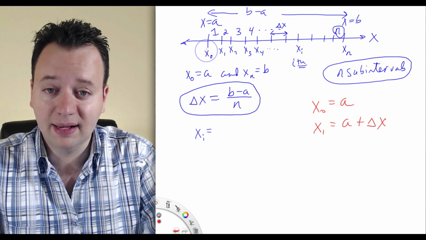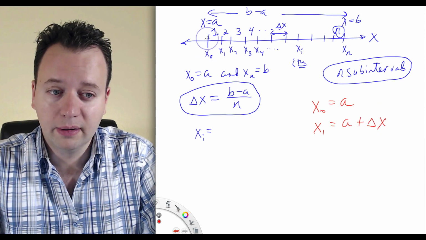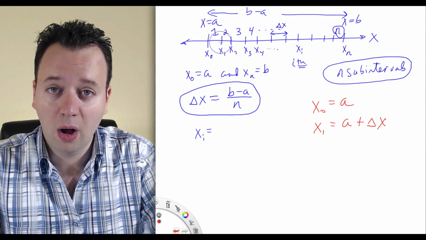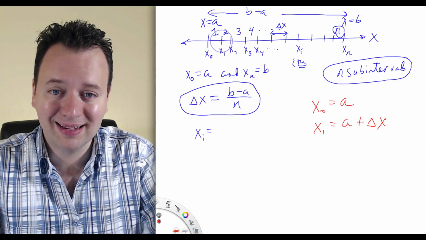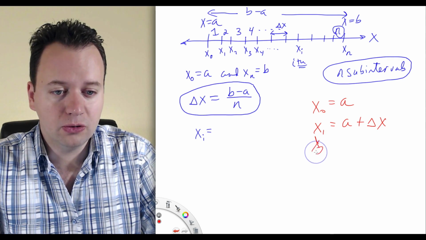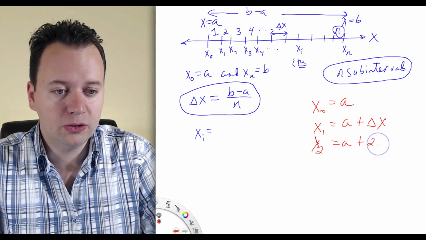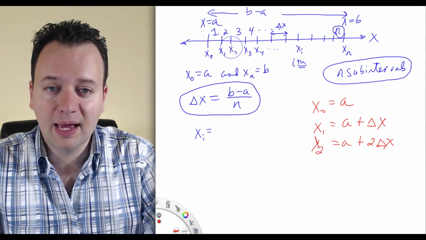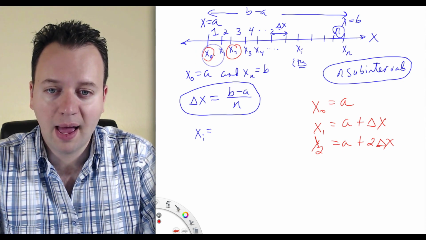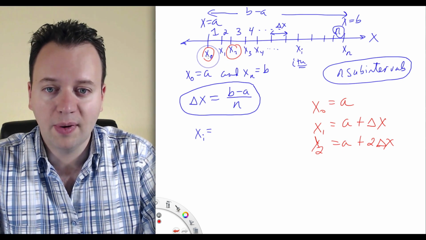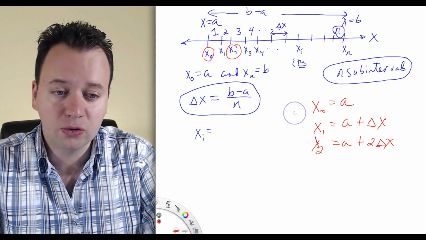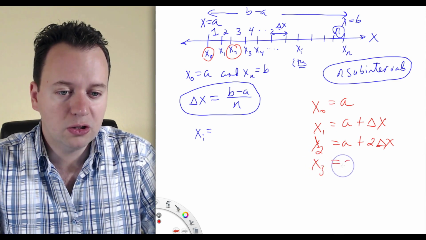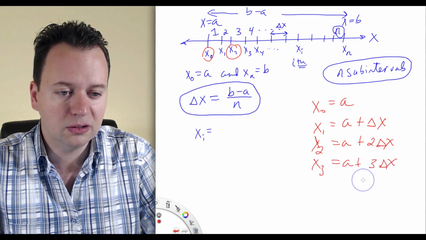Because to get from x sub 0 to x sub 1, we need to add delta x. x sub 2 should equal a plus 2 times delta x, because to get from x sub 0 to x sub 2, we have to add delta x twice. x sub 3 should equal a plus 3 delta x, and so forth.